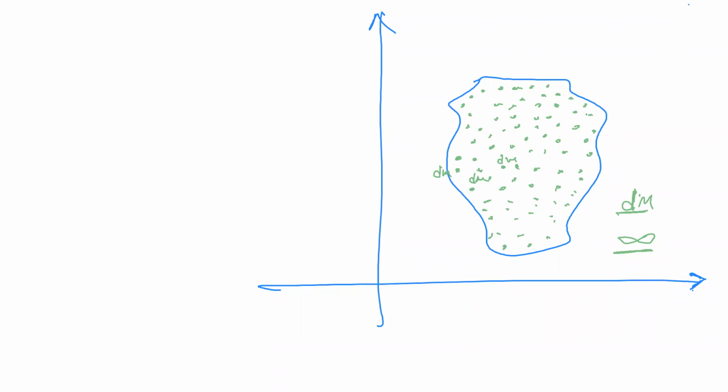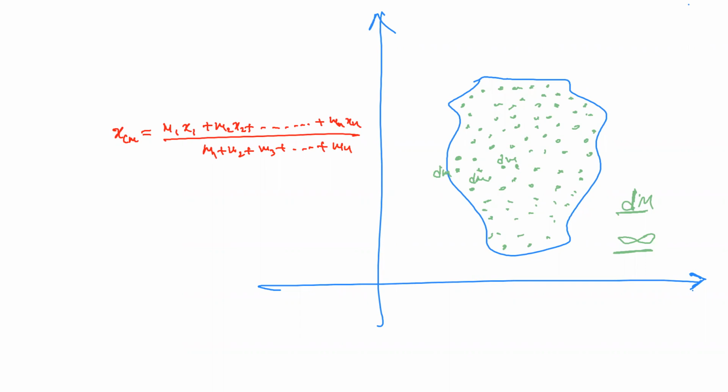So when we calculate xcm, if you remember the formula we discussed for point masses, xcm is m1 x1 plus m2 x2 plus up to mn xn, divided by m1 plus m2 plus m3 up to mn. This is for n number of masses.